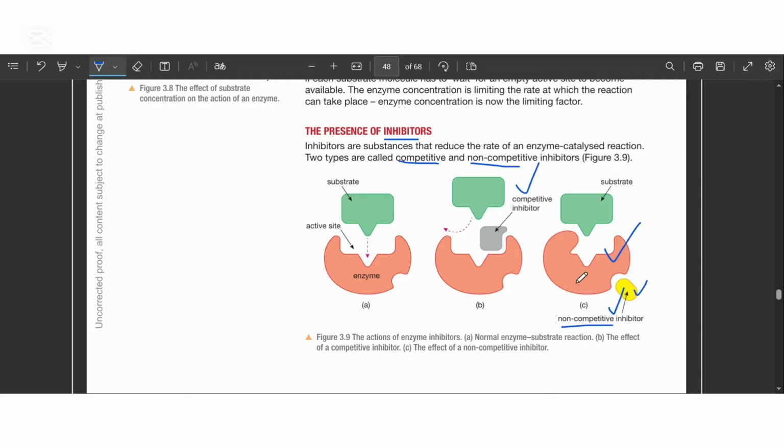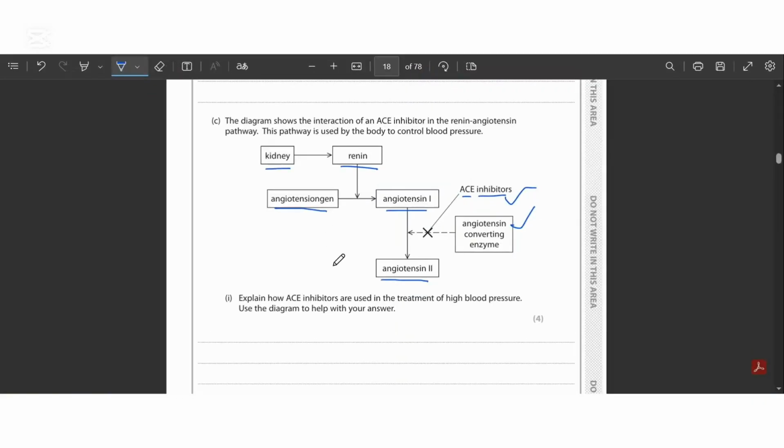Okay. So since we have discussed how the inhibitors inhibit the normal activity of the enzymes and how they cause effect, let's move on to solving this question. All right.